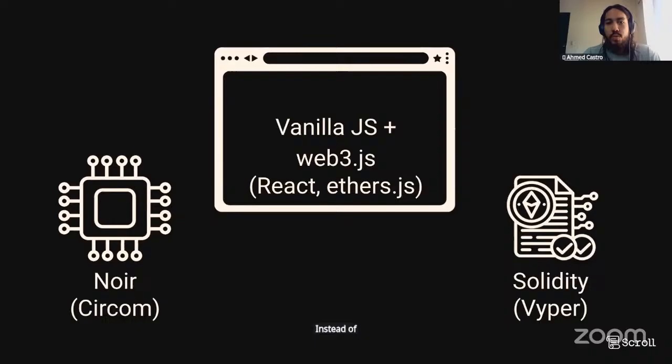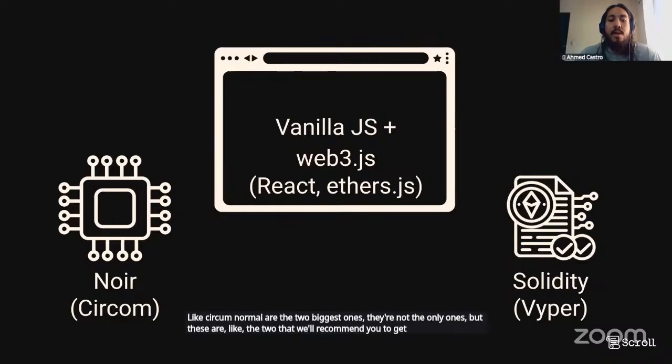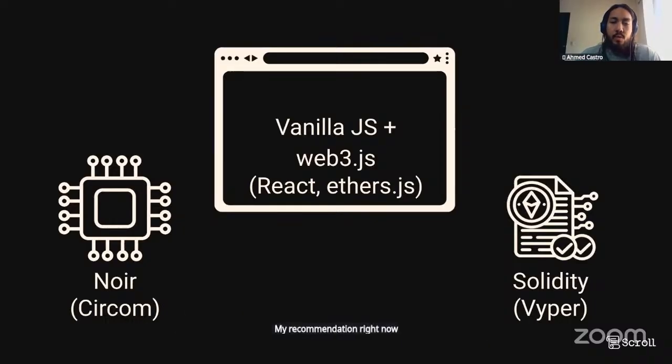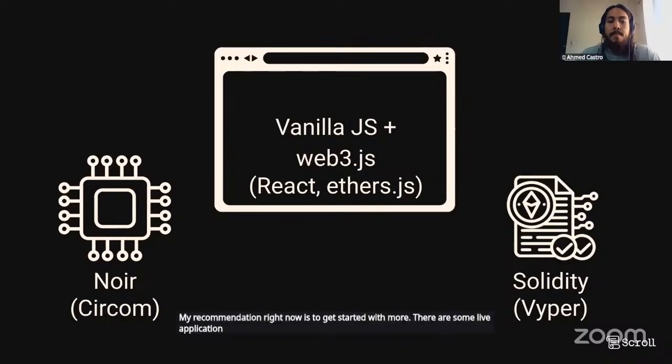Instead of Noir, you can use other circuit languages. We call them zkDSL, zk domain specific language, like Circom. Noir and Circom are the two biggest ones. They are not the only ones, but these are the two that I'd recommend to get started. My recommendation right now is to get started with Noir. There are some live applications using it, and also it's very easy to understand.